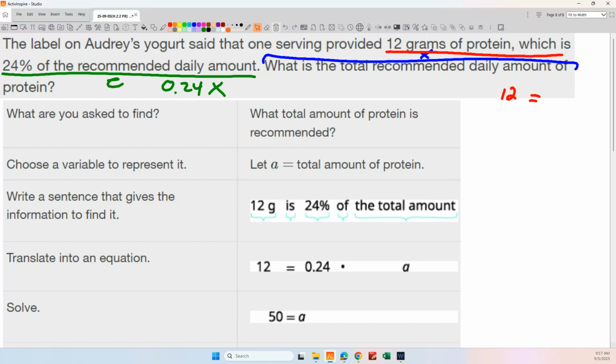They let it be A, okay, instead of X, but that's what we get. 12 equals 0.24 times our unknown, A. Divide each side by 0.24, and I get 50.